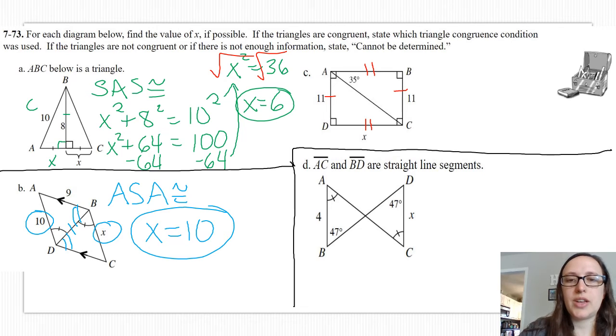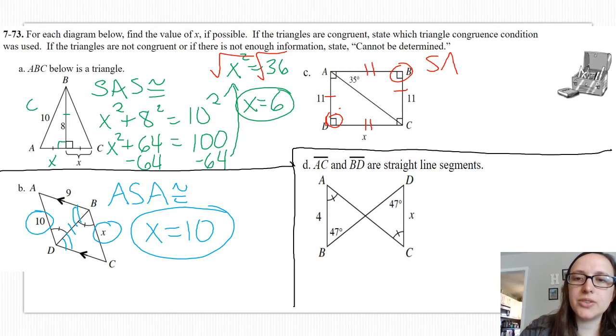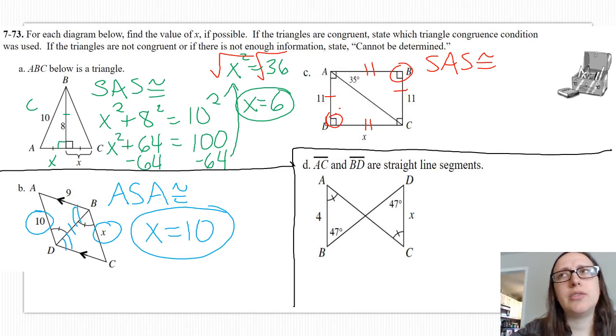So we could use side angle side using the right angles, angle B and angle D. So I'll just put side angle side. We could have also used side, side, side. And we could have also used angle side angle, because we know that the alternate interior angles here and here are congruent.